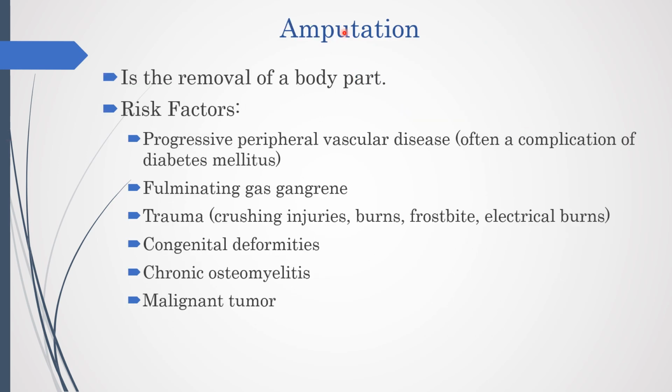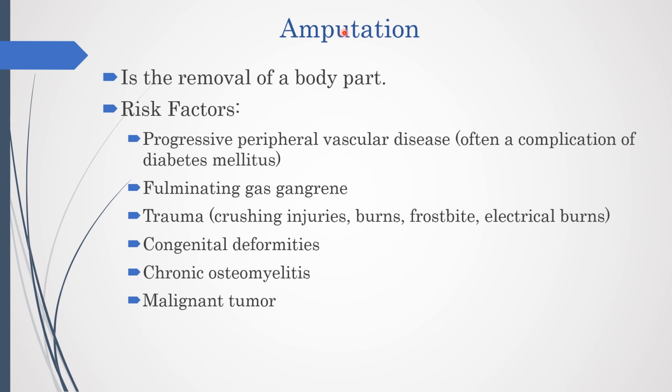The next topic that I'm going to cover today is amputation. As you know, amputation is the removal of a body part. Amputation of the lower extremity is necessary when the patient has peripheral vascular disorders.